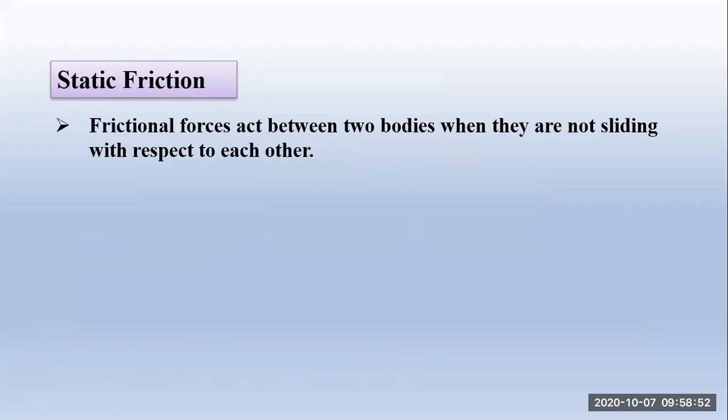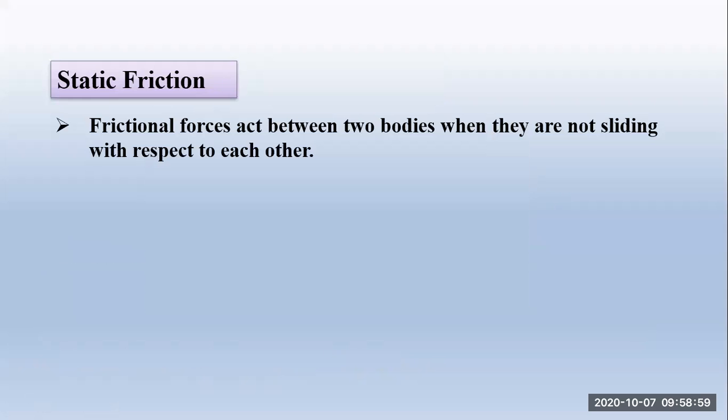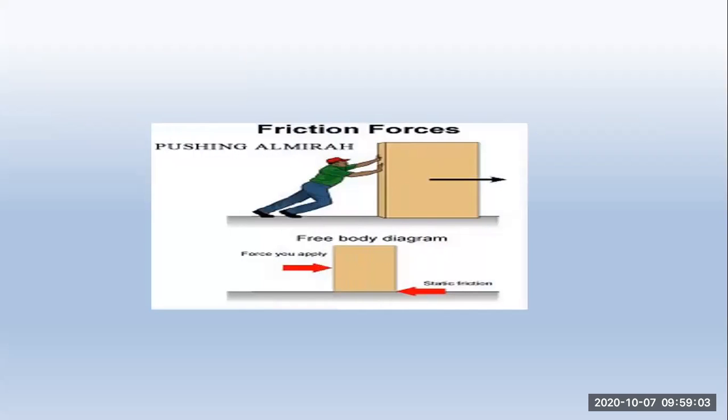The friction force acts between two bodies when they are not sliding with respect to each other. Example, you can see this man is pushing the almirah. If he applies a small force, the almirah is not going to move. Whatever force is applied, the same force develops in the backward direction.